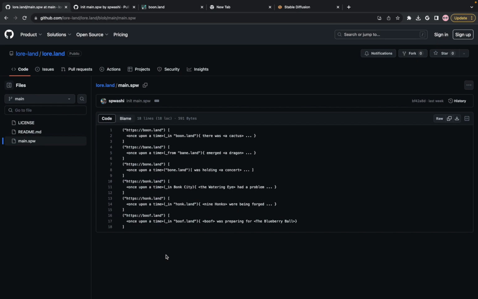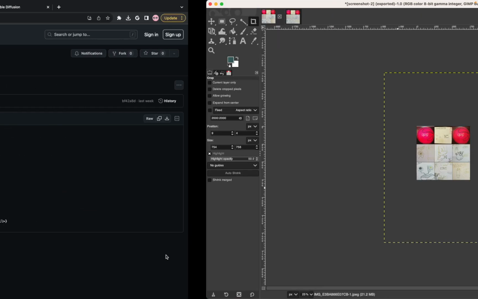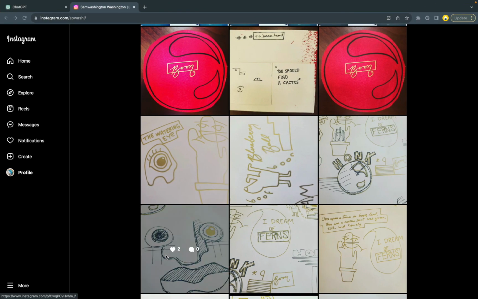In general, the actual definitions don't matter as much as the way that I use them consistently in my ecosystem. So, predictably, if you see me reference boon, bane, bone, bonk, or honk, I'm talking about the universe that respectively relates to all of those worlds.